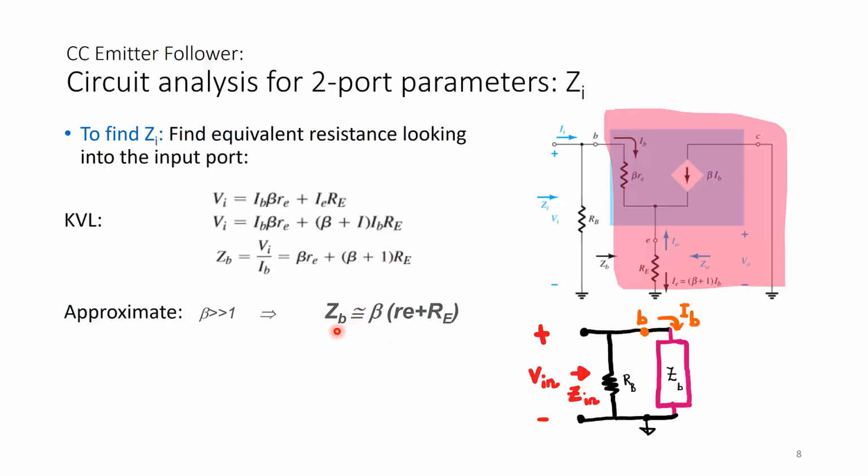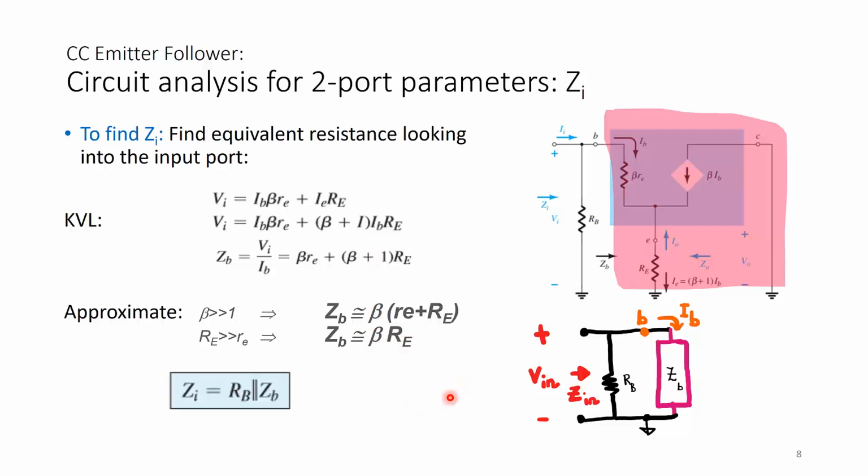So you have ZB equal to beta small signal re plus emitter resistance RE, and again we know that RE is in the kilo ohm range, and re is the small signal model parameter, which is usually less than 50 ohms. So you can simplify that further, making it approximately equal to beta times emitter resistance RE. But if you have the value and you want to put it in, that's fine. Even if you do that and compare the two, you will find that it's about the same.